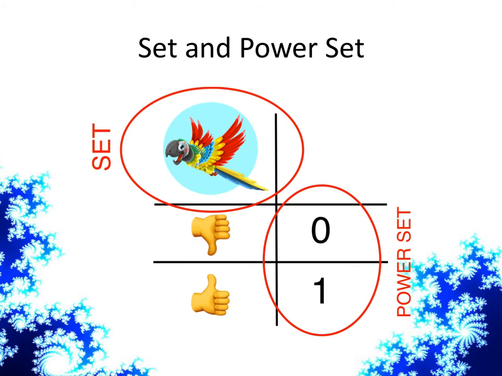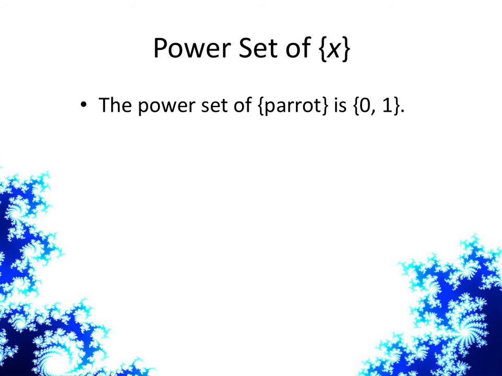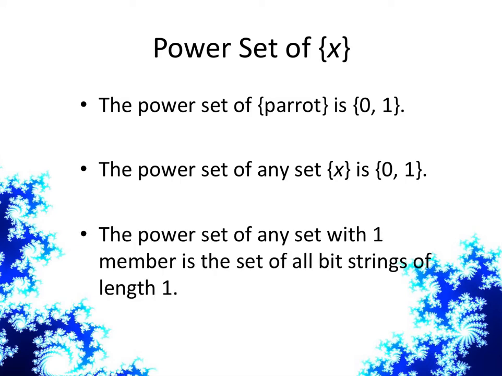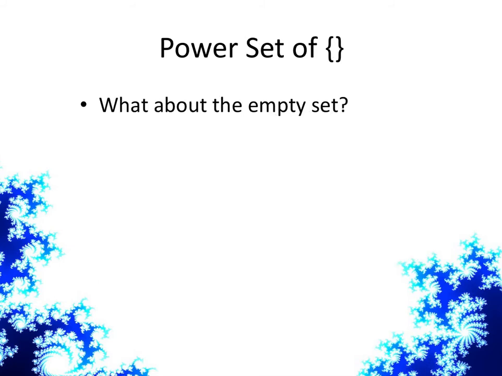The set with one thing makes a power set with 2 things. The power set of the parrot is the set 0 and 1. The power set of any set with 1 member is the set of all bit strings of length 1.